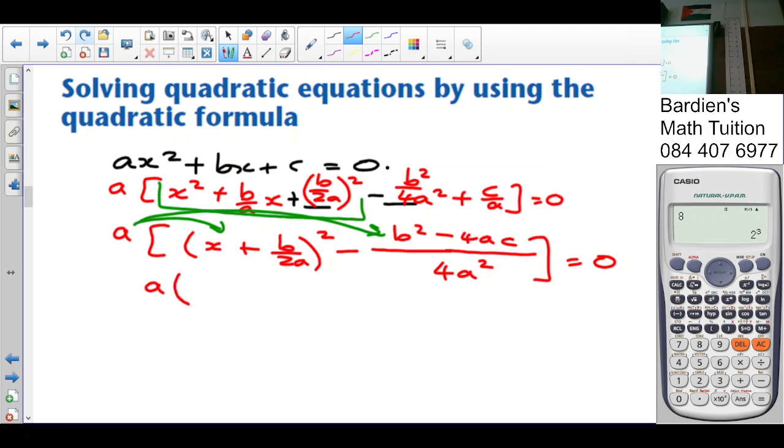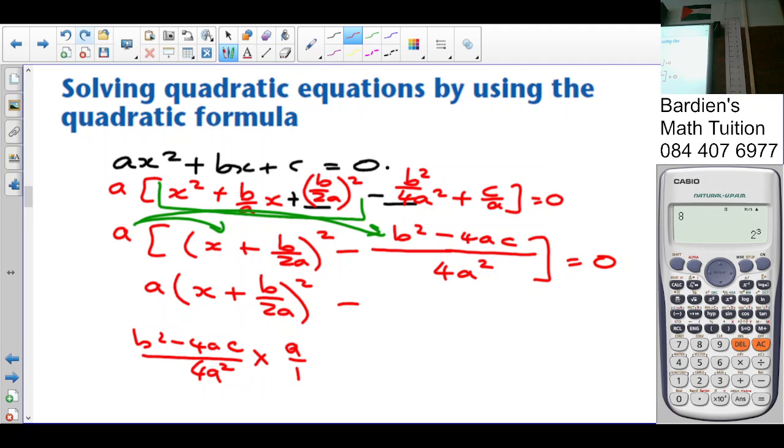A into x plus b over 2a squared minus, now if I take b squared minus 4ac over 4a squared and I multiply this by a over 1, what's going to happen? That a cancels one of those a's.